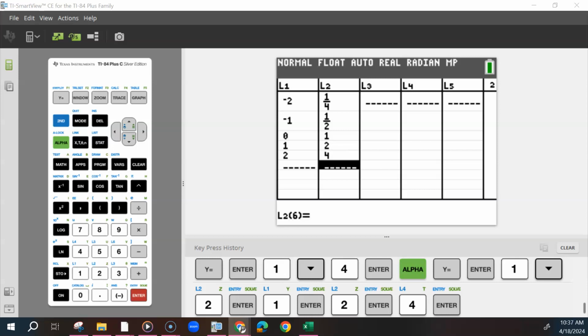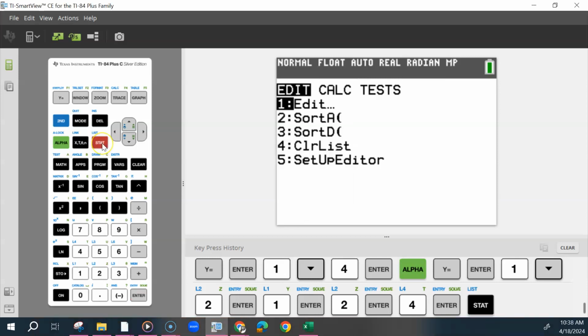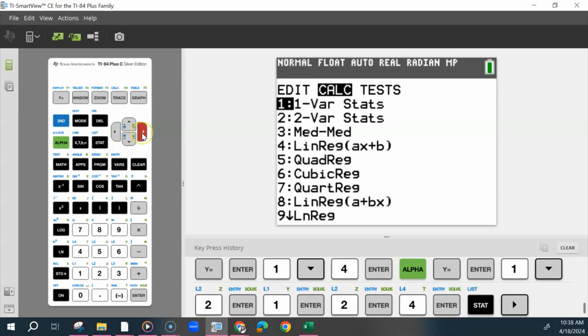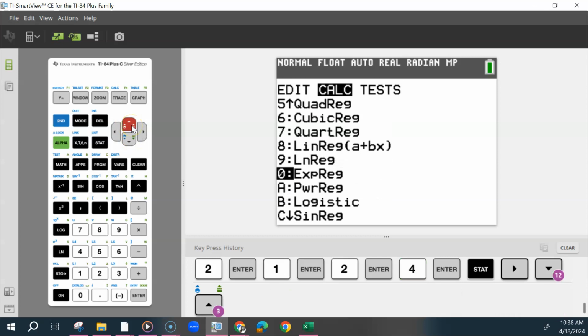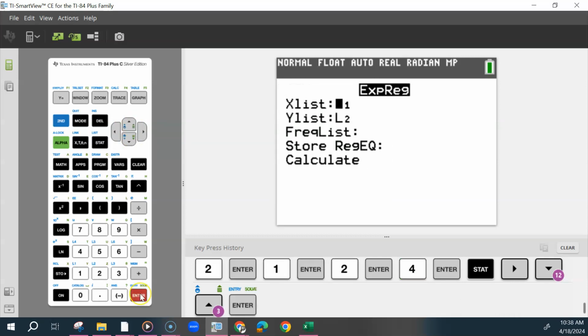So then in the calculator, same steps, go back to stat, go over to calculate, but then you're going to go all the way down to 0. That's your exponential regression. And then same steps. Hit enter, go down to store, hit alpha trace, enter 3 times.